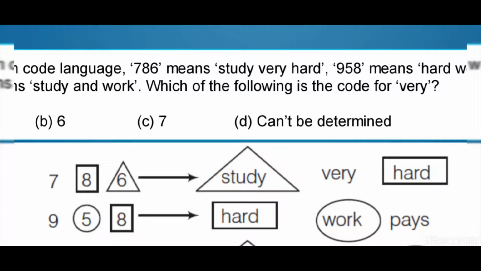The common number in the code is 8, since both 786 and 958 have 8. On the right hand side, the common word is "hard". I'll mark both in a box. Use the same symbols, don't change the symbols for these.